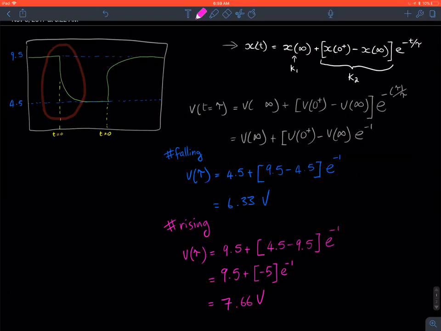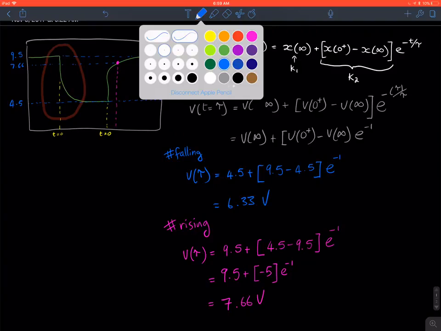So if you move your cursor on your oscope to, let's pretend that's 7.66. It's probably not to scale, but let's just say that.